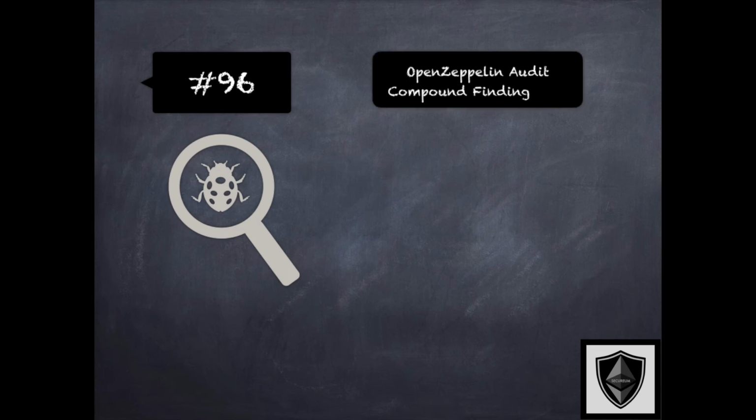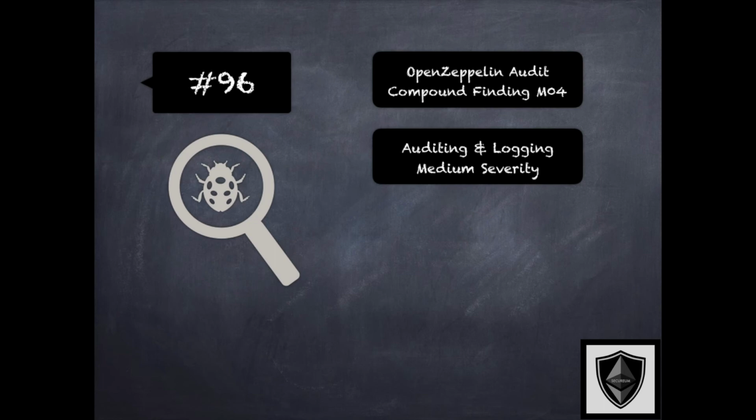96 is a finding from OpenZeppelin's audit of Compound Protocol, where it was a medium severity finding related to auditing and logging, in which there was incorrect event emission.